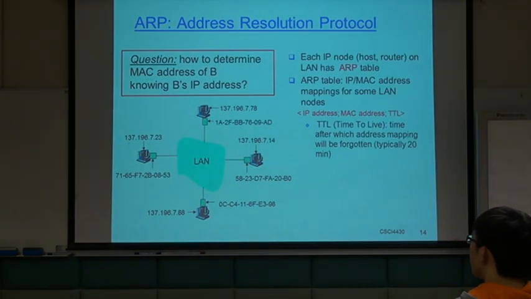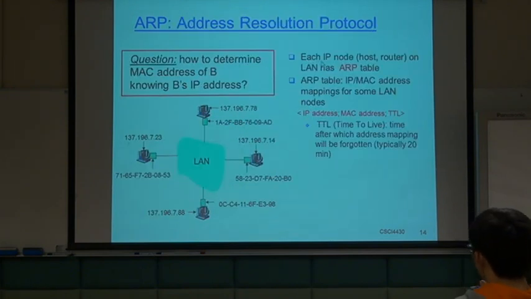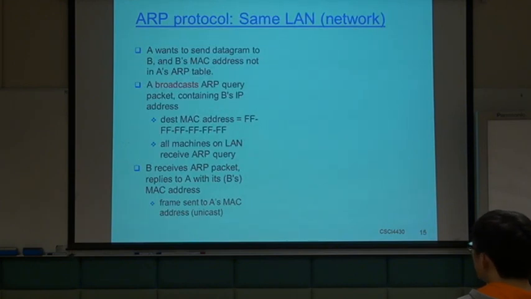In any case, what we want to do is use the ARP protocol to resolve the MAC address using the IP address. Now how do I do that? The protocol is very simple. It's just a request-response protocol.